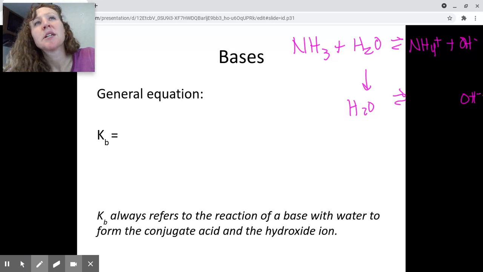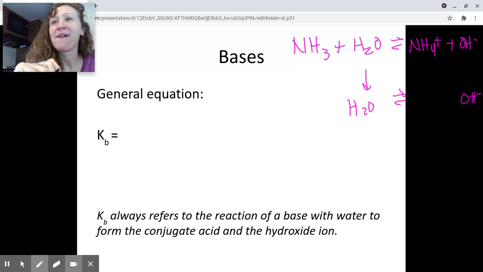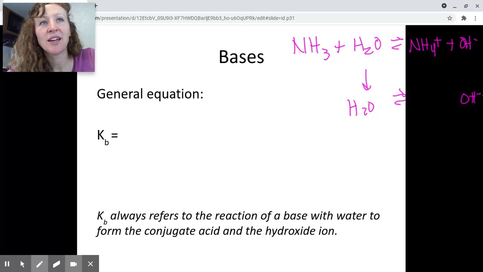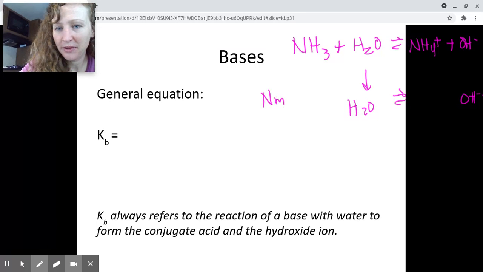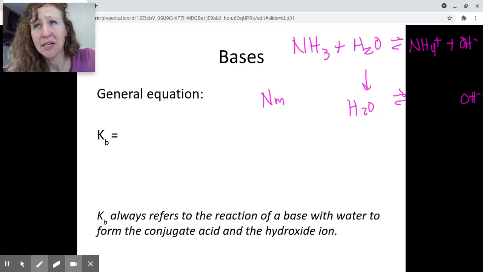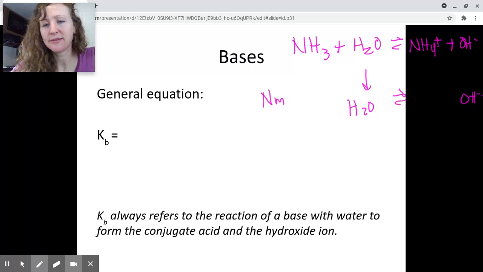So I'm not sure what we would represent molecule by. What letter don't we use very often that's also not an element? How about, oh, good heavens, everything I can think of is already an element. All right, how about we use an NM? It's not a great one, but we'll take it, okay?